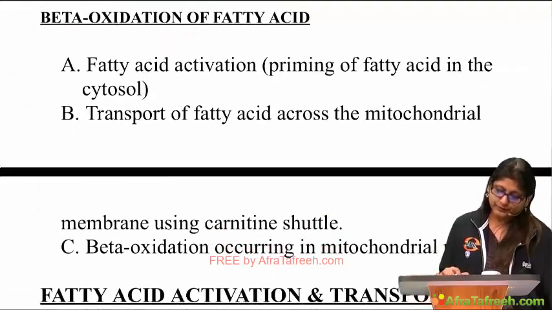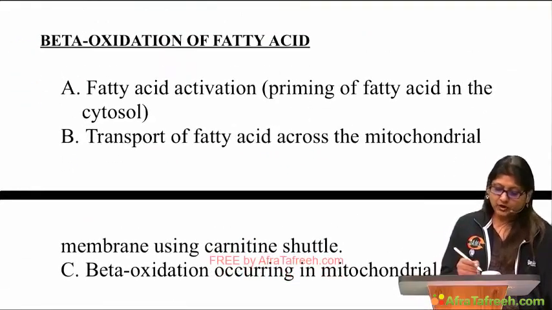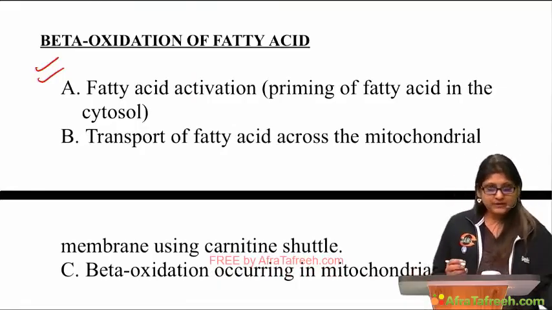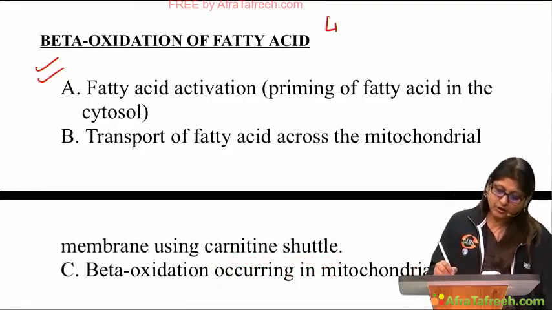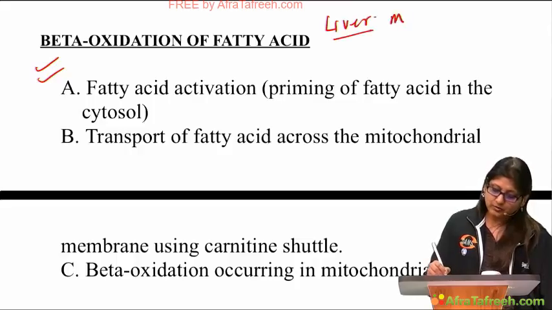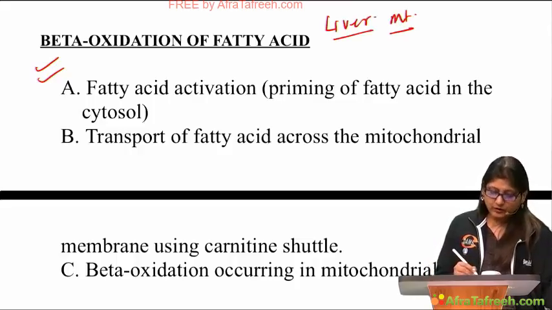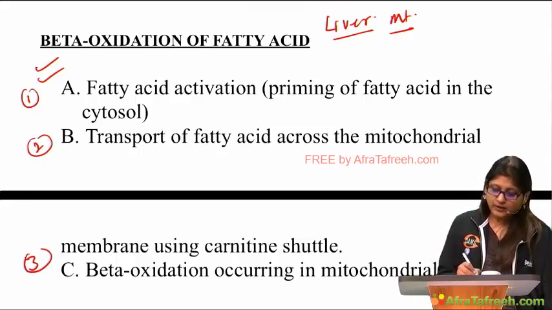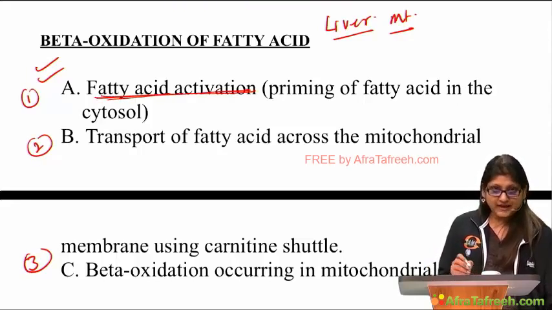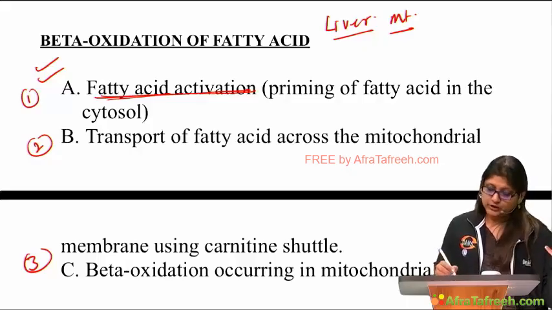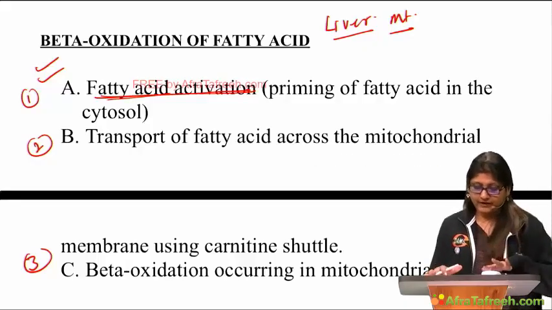Now, on the other hand, when we talk about beta oxidation of fatty acid, which is predominantly taking place in the liver mitochondria, we have got 3 stages. First stage is the activation of fatty acid, which is nothing but converting the fatty acid to acyl-CoA.